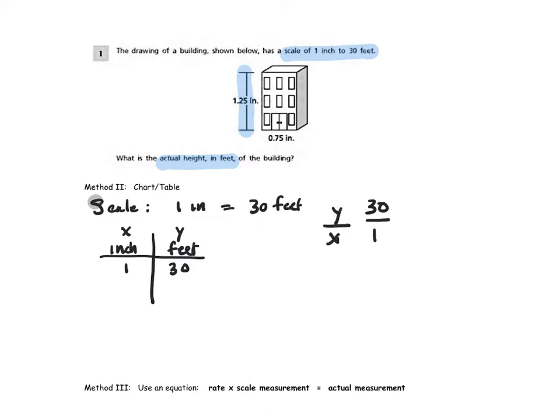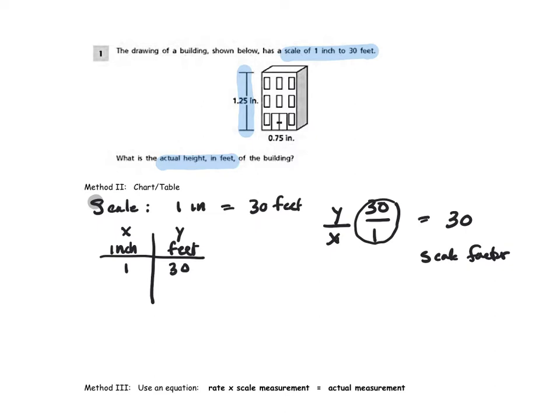So this is very much related to our unit rate, and 30 divided by 1 would be 30. This is known as the scale factor. So we're going to call this the scale factor. So now that is what we're given with the scale.